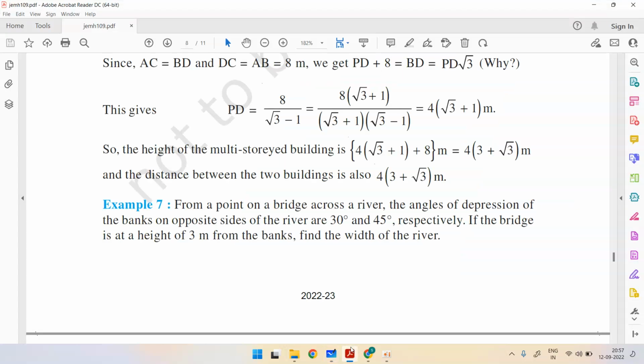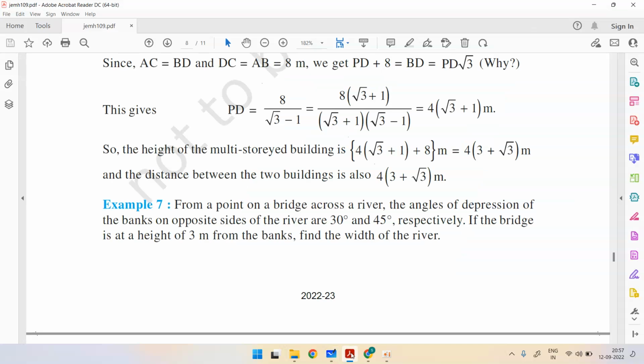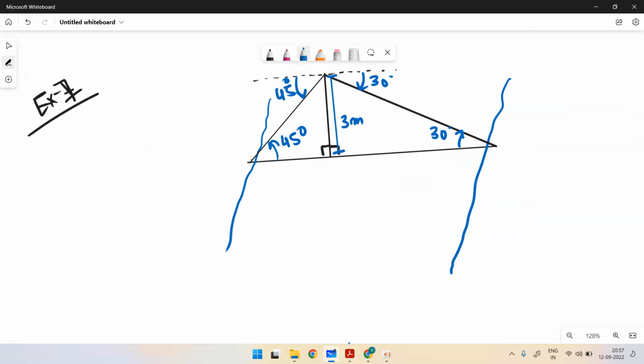Now the question is given that the height is 3 meters, and it is saying that you need to find the width of the river. How will you find it?